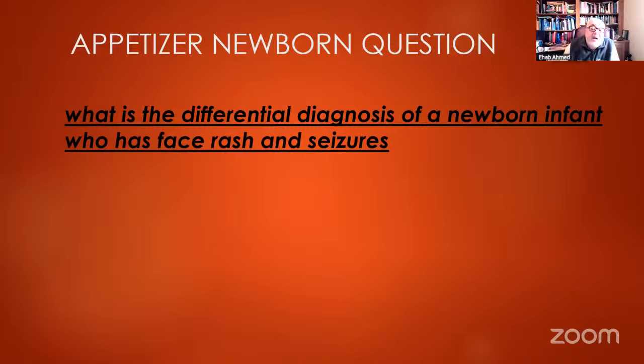The type of rash in congenital TORCH infections is the blueberry muffin. In syphilis, it's not blueberry muffin, it's a maculopapular erythematous rash, and sometimes there is some desquamation.